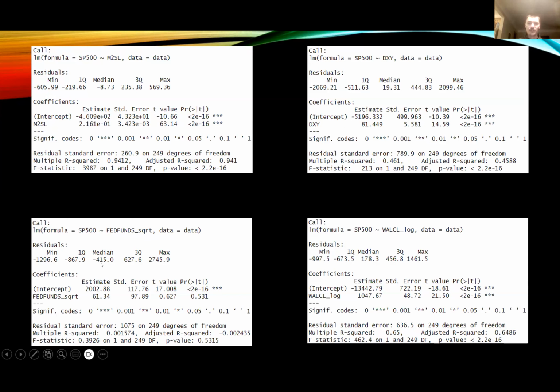And then for the federal funds rate, it's not significant based on its p-value of 0.53, and its R squared is almost 0. And for the log of the Federal Reserve assets, it has a very low p-value of 2 times 10 to the negative 16, and the adjusted R squared is about 0.64 to 0.65.